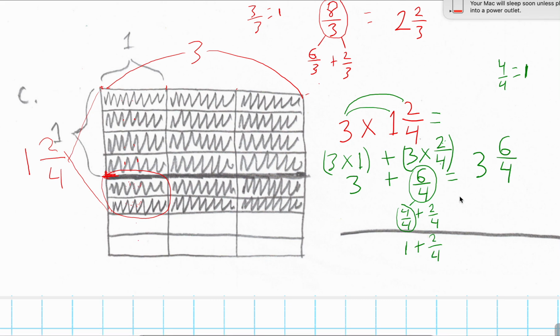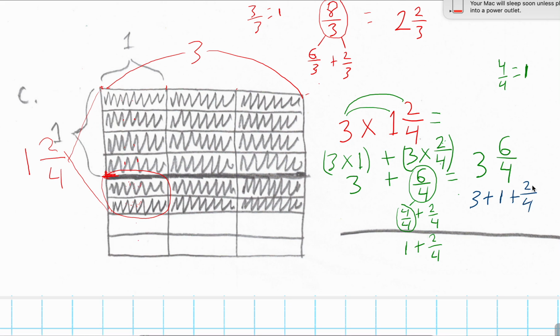So this is equal to 3 plus 1 plus the 2 fourths.